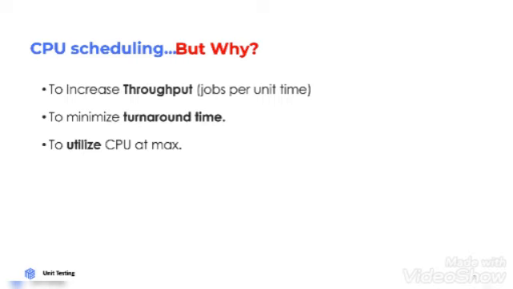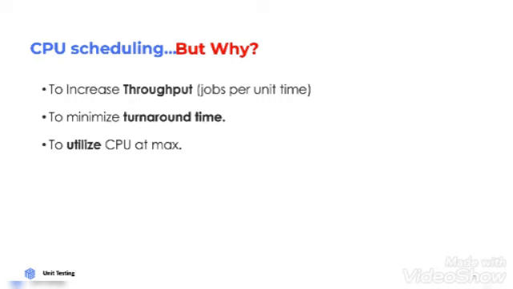And also we want to minimize the turnaround time. Now, the turnaround time is the time from when a process comes into the CPU till the time when it leaves the CPU because it is complete. So we want to minimize the time a process is within the queue, so that a process is done as quickly as possible and doesn't have to wait for the CPU.